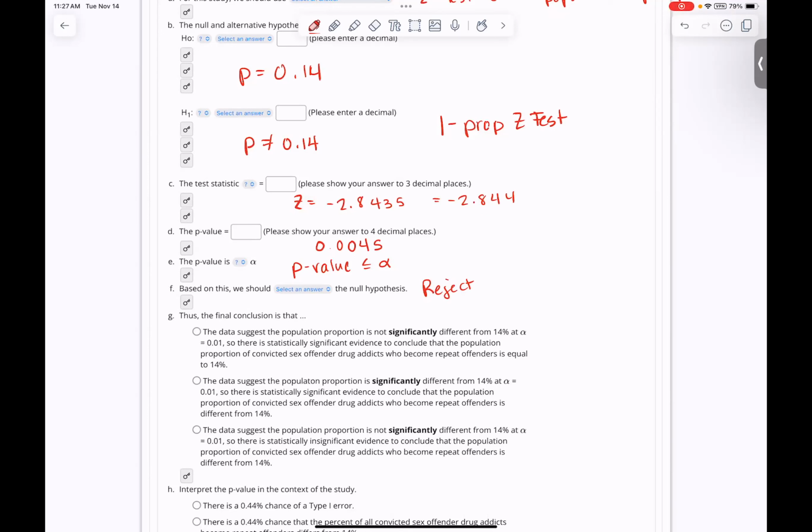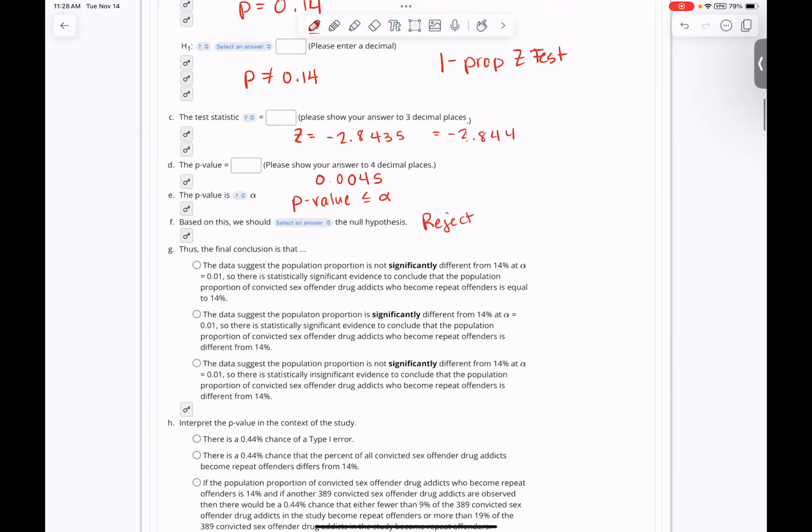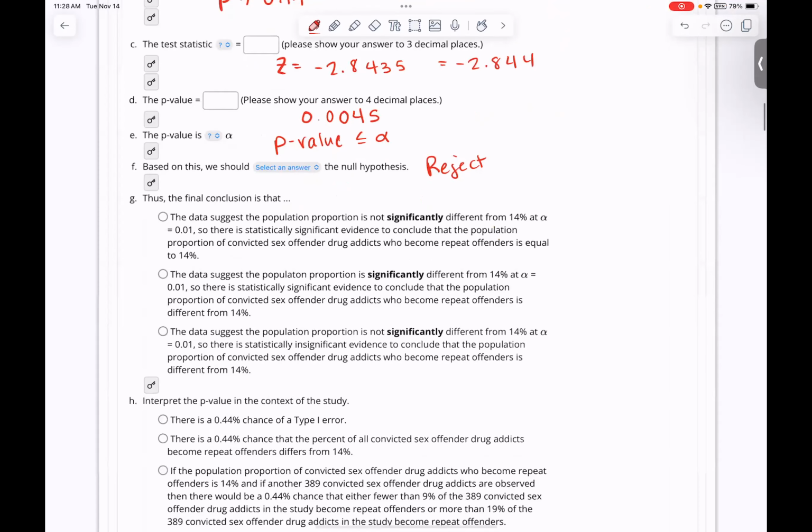So our data is significant enough to reject the hypothesis that it's 14%. So we're going to say that the data supports the conclusion that it's not 14%. Okay, so we only have one that says significant, so it has to be the second choice.